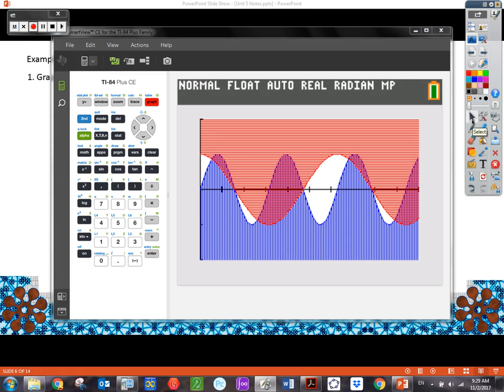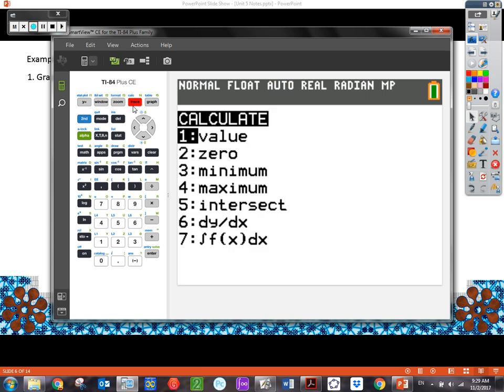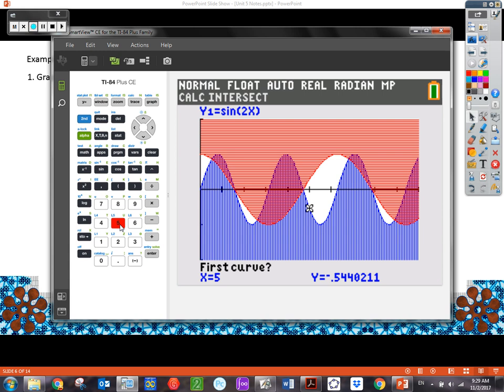We would need to find this location right here. So we would do second calc, our intersection, number 5. And we would just scroll over there till we got right over the intersection. Okay, right here.